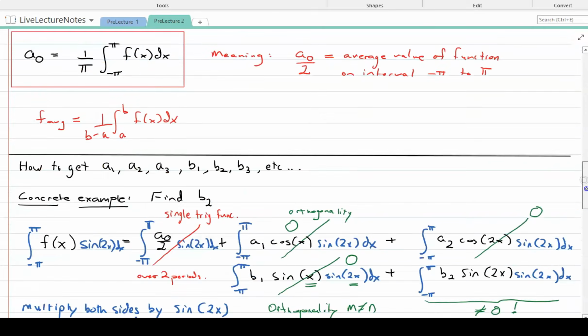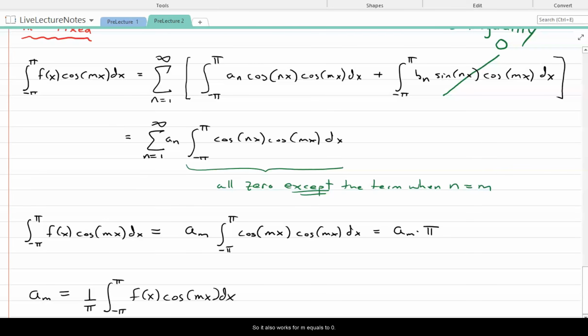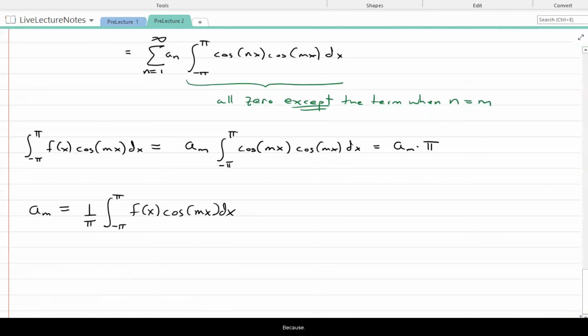So if m is equal to 0, I get the formula we got before. So m here is equal to 0, 1, 2, 3, any non-negative integer.